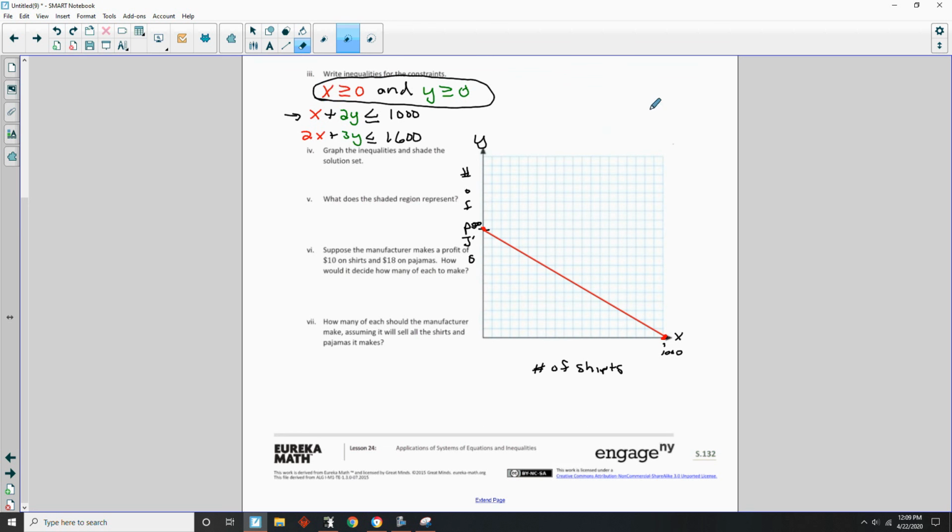And now I want to graph 2x plus 3y is less than or equal to 1,600. I'll write that twice.